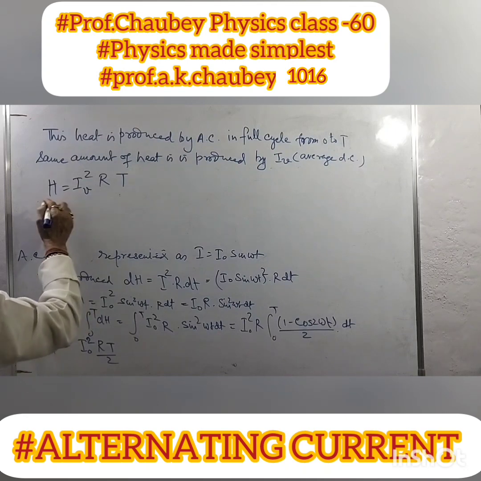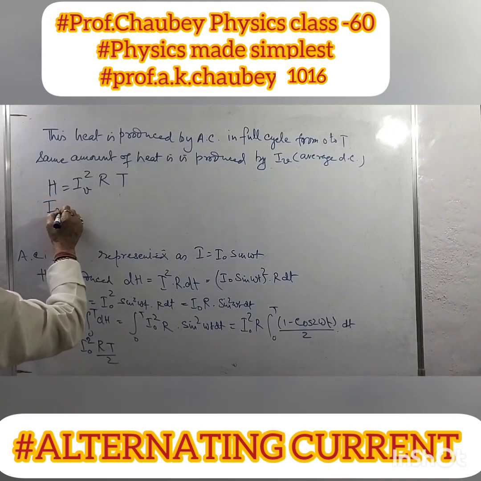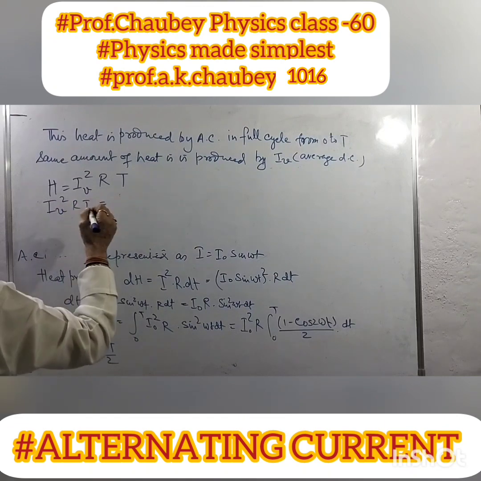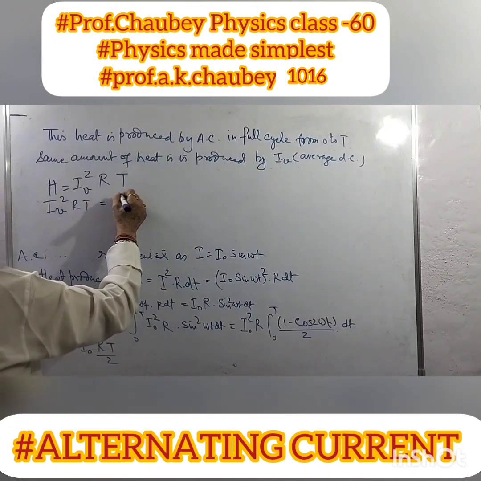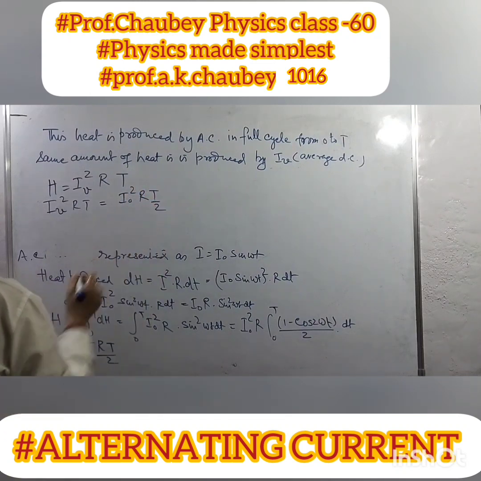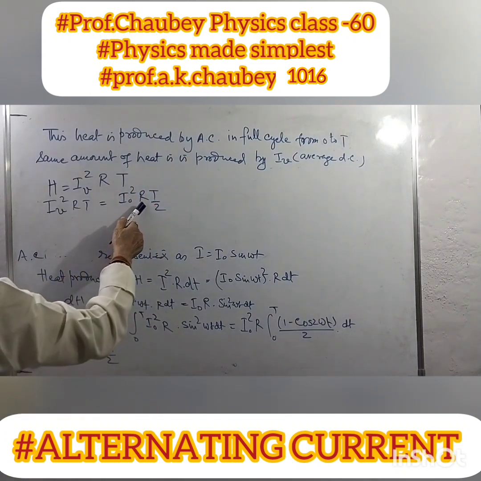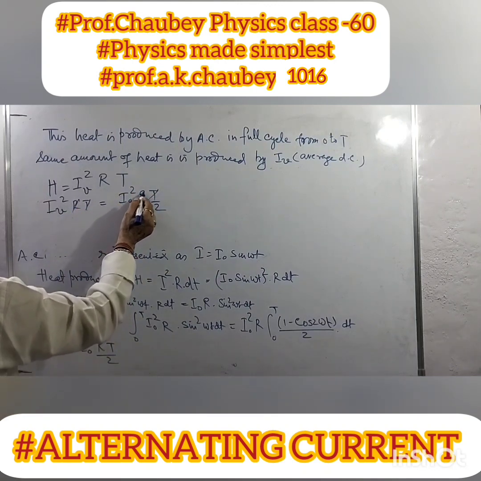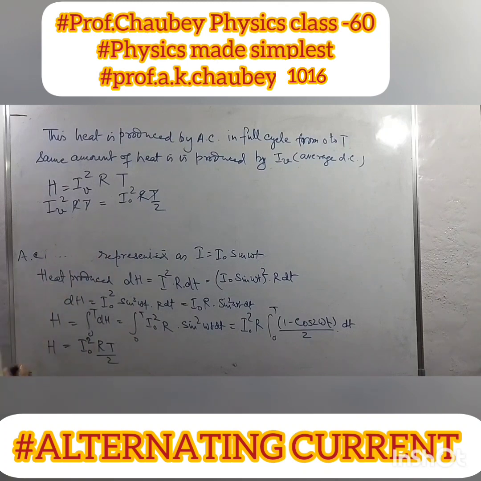So what do you get? I V square R T, both heats are equal, I naught square R T by 2. So R cancels, T cancels, and we get I V square is I naught square over 2.